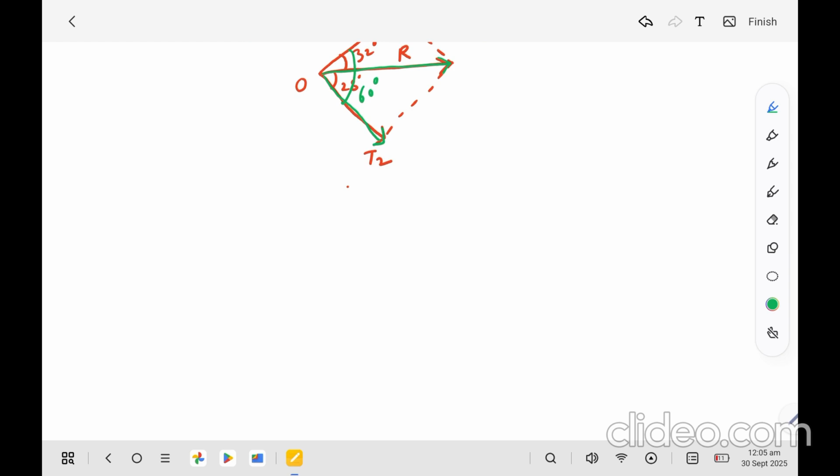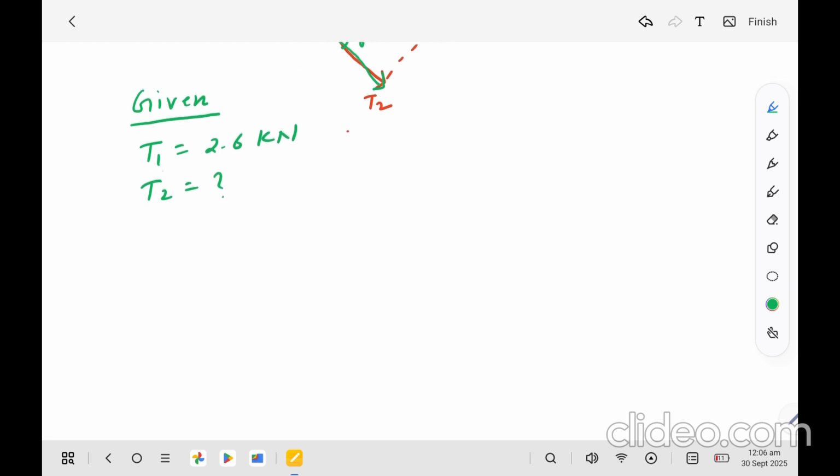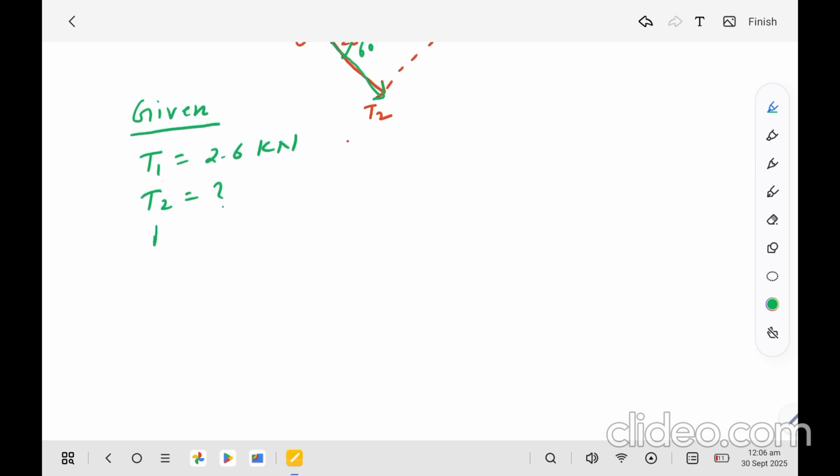Now first write the given parameters. T1 is given, 2.6 kilonewton. T2 we need to estimate. R we need to estimate.